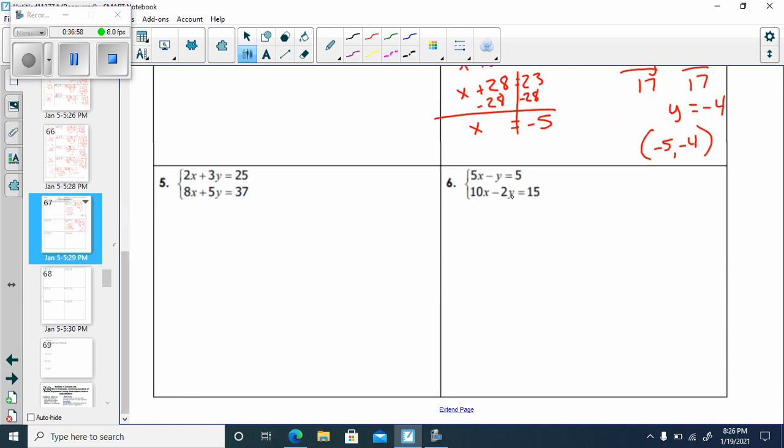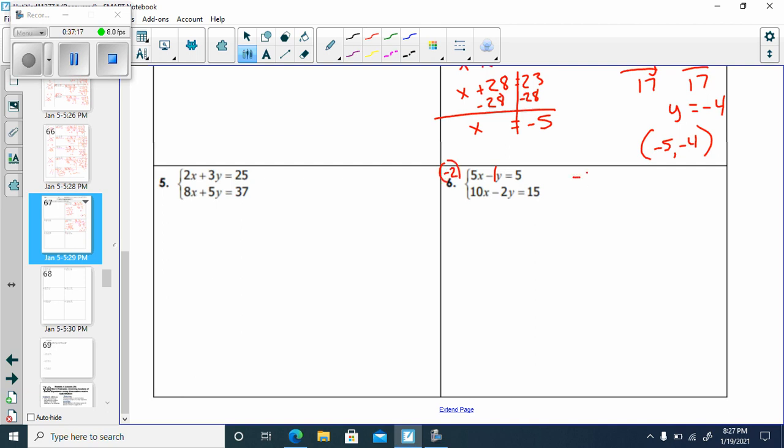And number 6. Okay, if we look at this, how am I going to make this work? So why don't I multiply everything up here by, if this is a -2 and that's a -1, I need to multiply everything up here by -2, don't I?